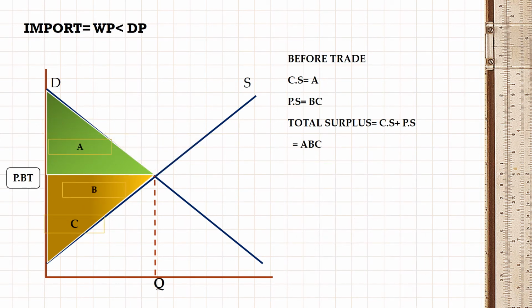So you decide to import when the world price of a good is lower than the domestic price. In simpler words, if you choose to manufacture that particular good in your country, it would be expensive. Whereas if the world price is lower than the domestic price in your country, it's better to buy the commodity because it would be cheaper. So comparing world price and domestic price before trade allows you to observe comparative advantage in production, as the domestic price reflects the opportunity cost of a commodity.